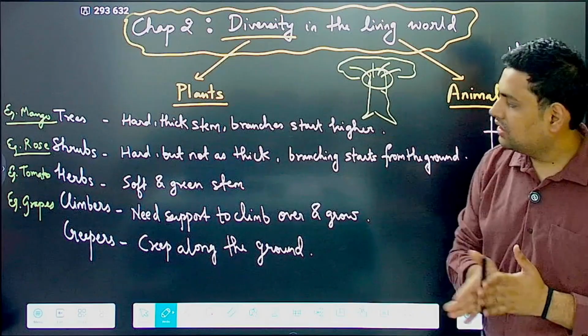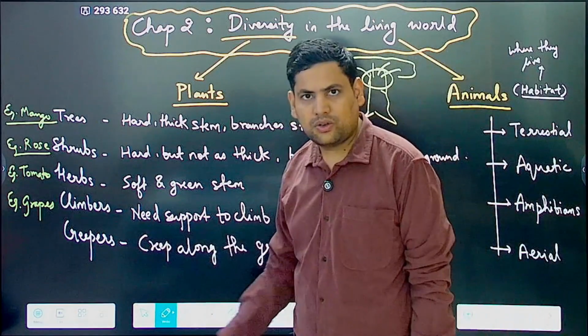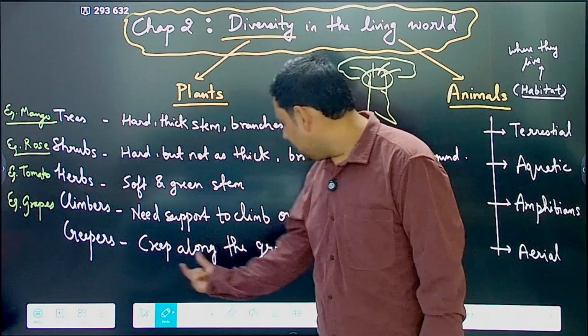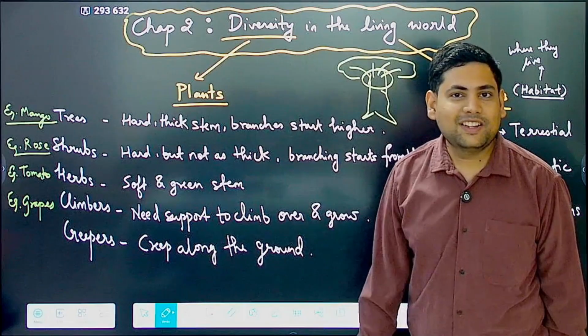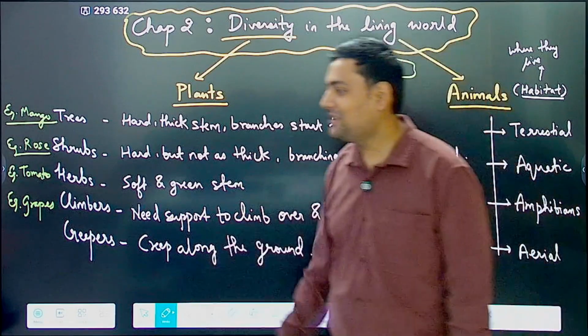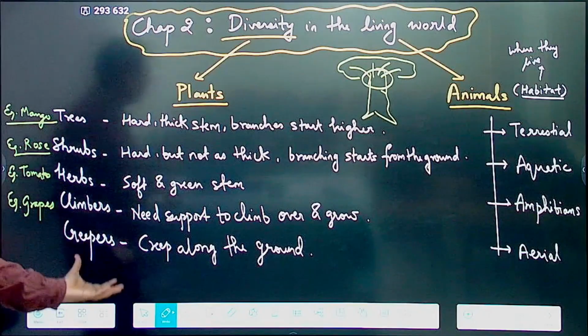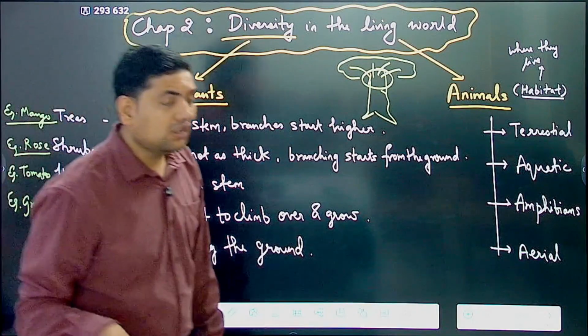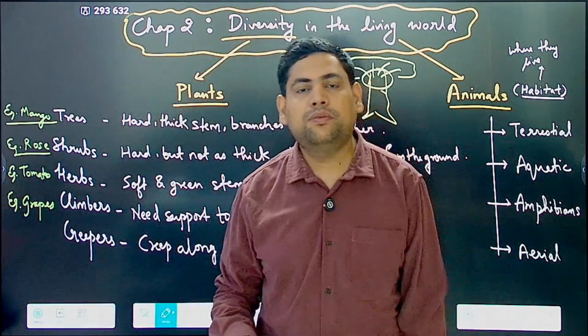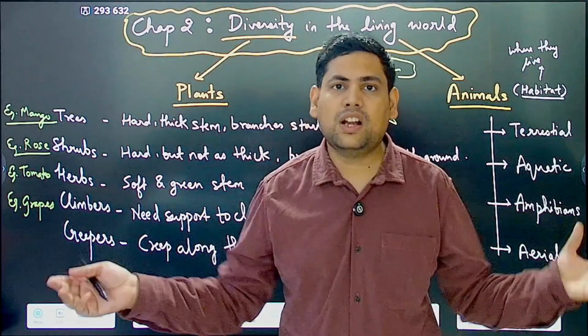Correct? Now, there is something known as creepers also. What are creepers? They creep along the ground. Okay, this is not the creep that we usually say in the normal world. This is something that goes along the ground. This you might have seen, especially the fruits of which are very large in size.